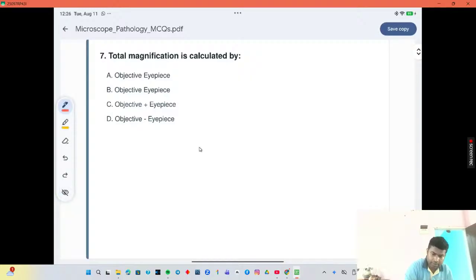I will write it for you. Objective multiplication eyepiece. You should remember it. So total magnification of a microscope is calculated by objective lens magnification into eyepiece magnification.